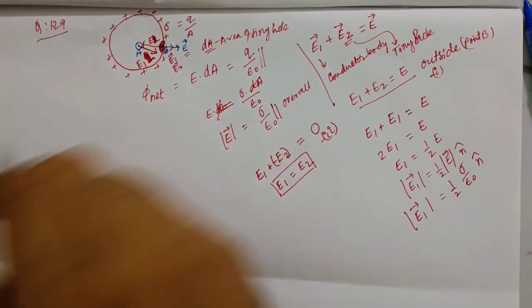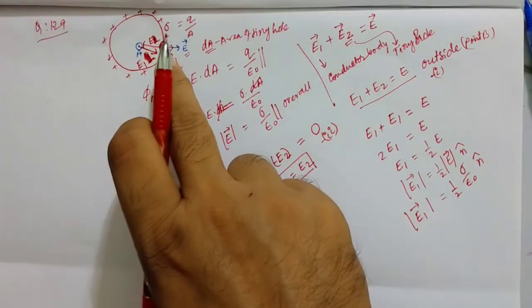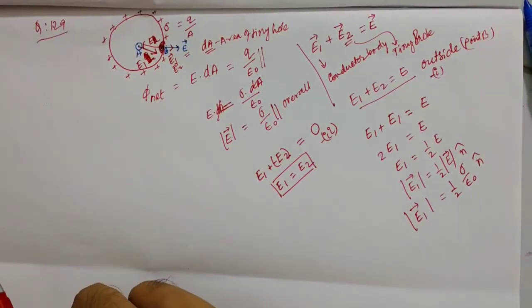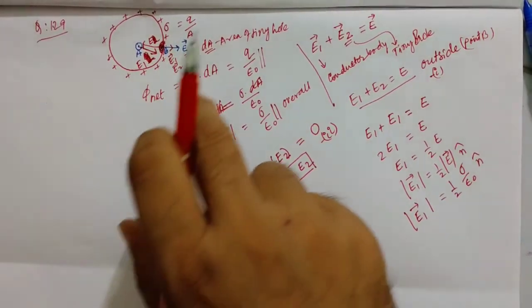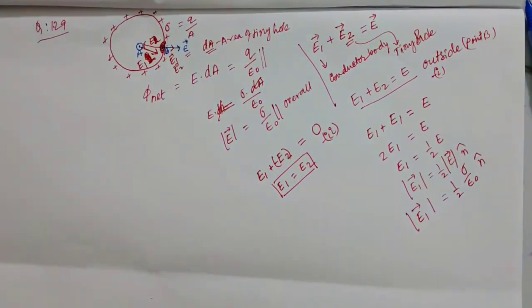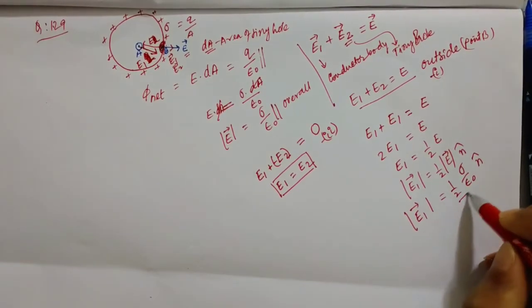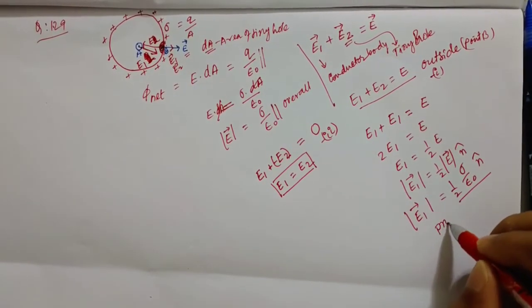And once you cut this teeny hole, the electrical field nearby the teeny hole actually got reduced by half, and the question itself is proved. What they said, the electrical field inside is the extra, and the value is coming sigma by 2 epsilon naught n cap. Proved.